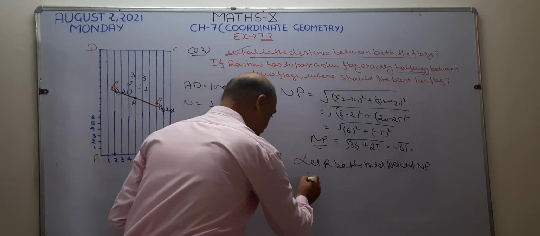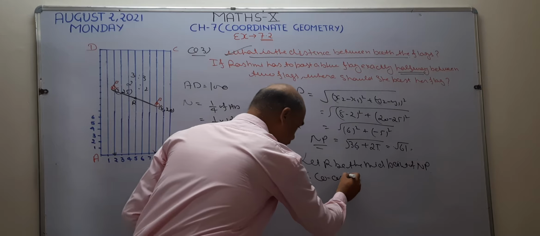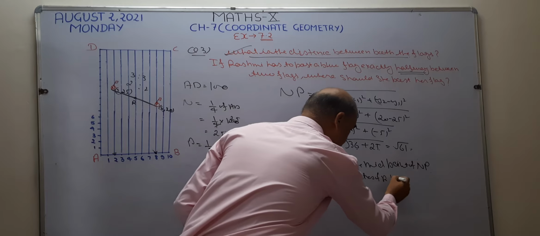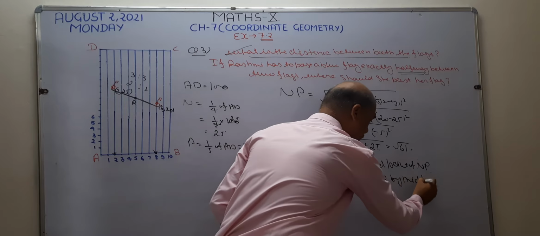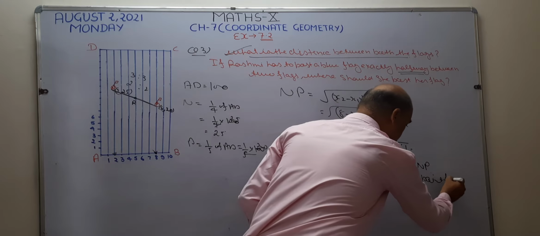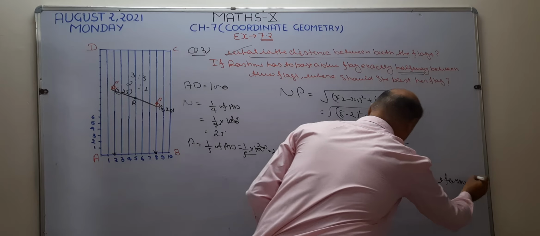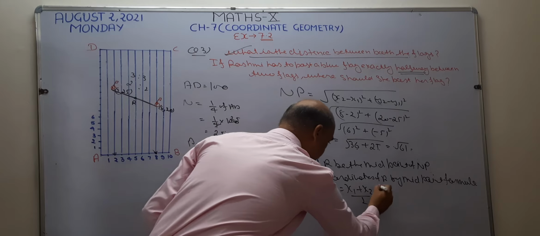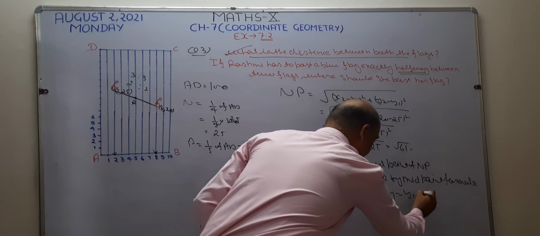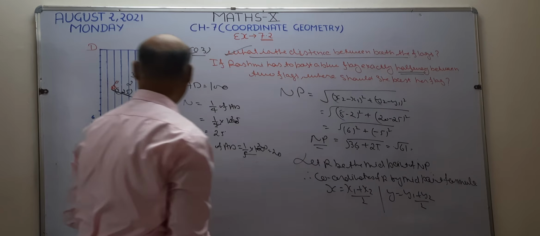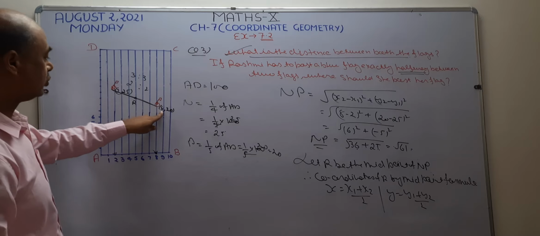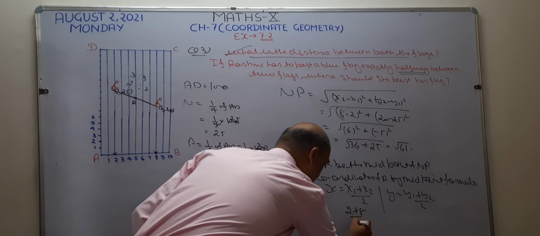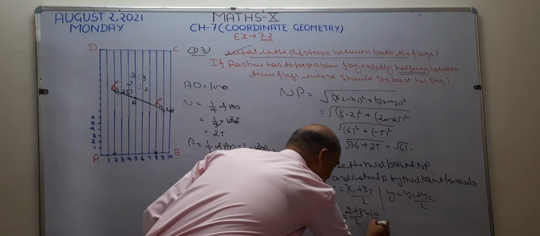Therefore, coordinates of R by midpoint formula, and the midpoint formula is x equal to x1 plus x2 by 2 and y equal to y1 plus y2 by 2. Now what is x1? x1 is 2. What is x2? x2 is 8. So right here, 2 plus 8 upon 2. 8 plus 2 is 10. 10 by 2 is 5.